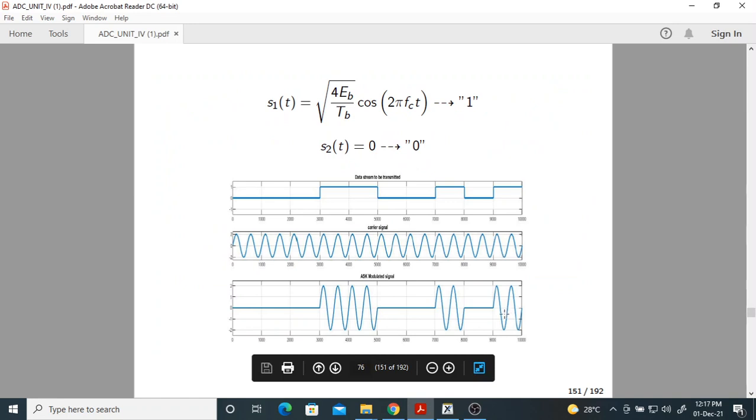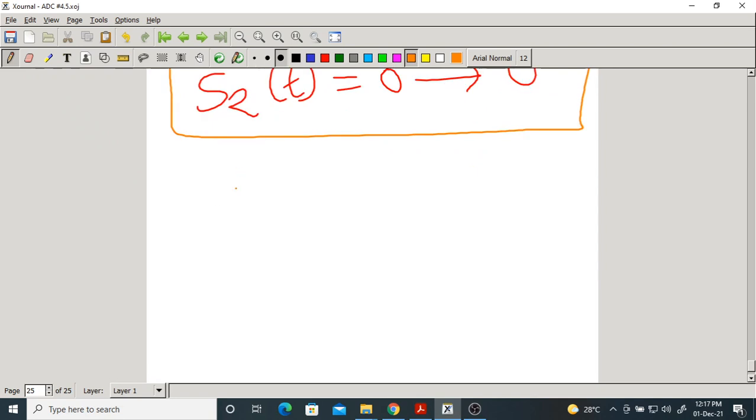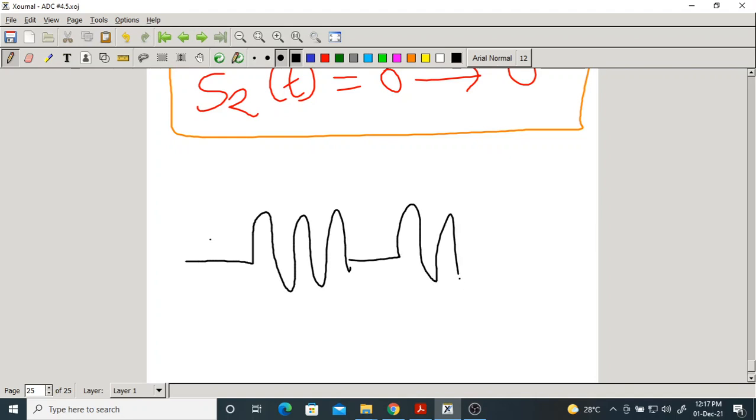Now how does it look? S1 of t means we transmit some waveform. S2 of t means 0. This is the BASK waveform. So for symbol 0, nothing is transmitted. For bit 1, you transmit some waveform with amplitude root of 4 EB by TB. So suppose you get a waveform like this, this may be a BASK waveform.